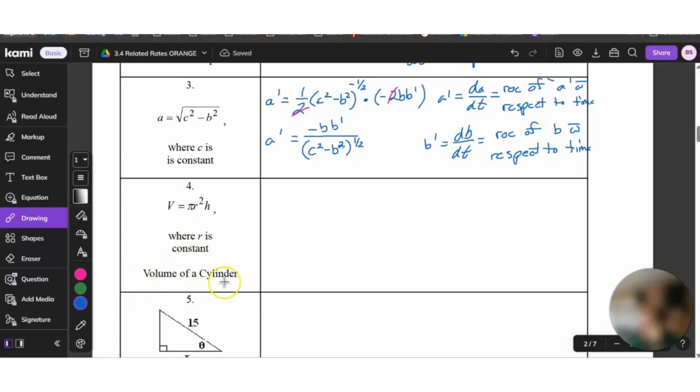Okay, so if we're doing a cylinder, why would the radius be constant? Take a look at Juanita's cup. Why do you think the volume and the height could change, but the radius wouldn't?